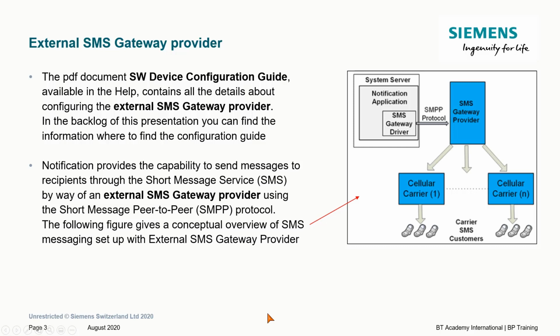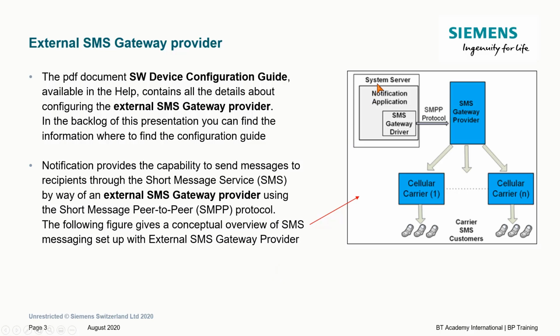Notification provides the capability to send messages to recipients through the short message service SMS by way of an external SMS gateway provider using the short message peer-to-peer SMPP protocol.